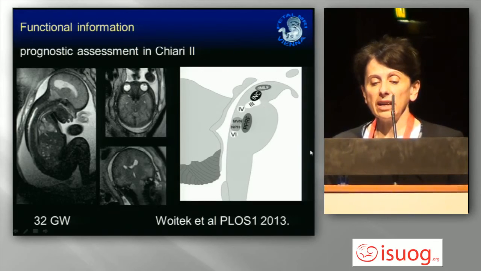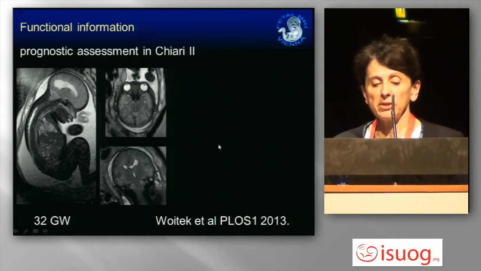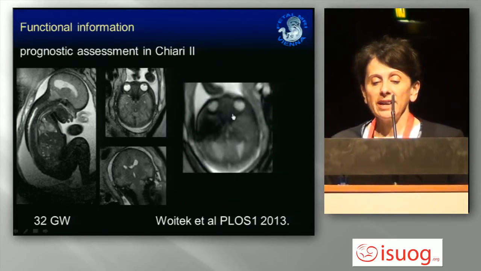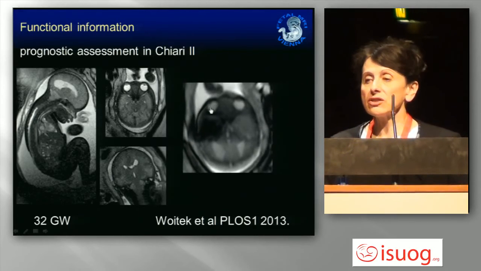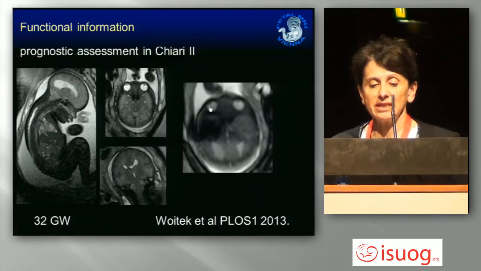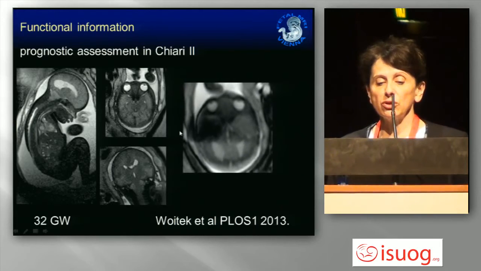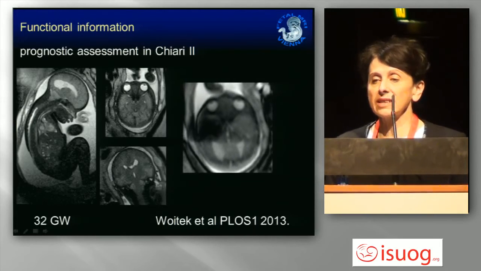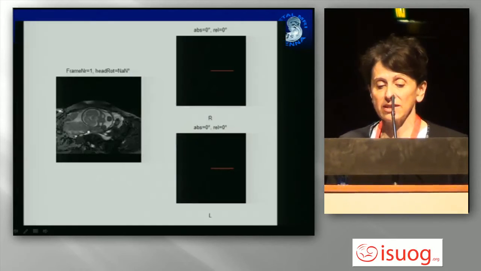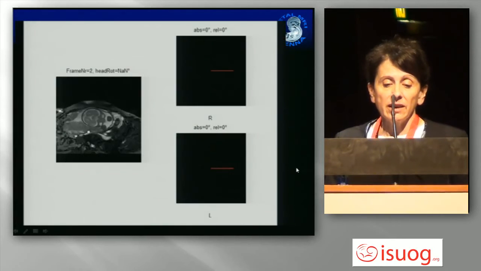So, if the conjugate eye movements work, then you know the basic functions of the brainstem are preserved. And here you see there is very immature eye movement, which is not in keeping with gestation week 32, so we might have here some damage of the brainstem. But we still, of course, need larger studies to prove that.